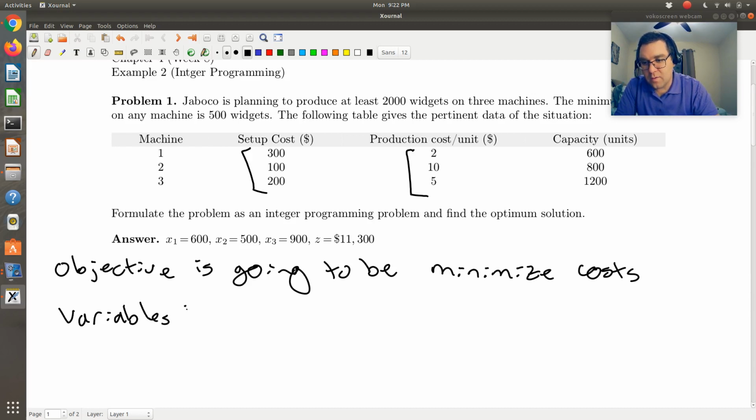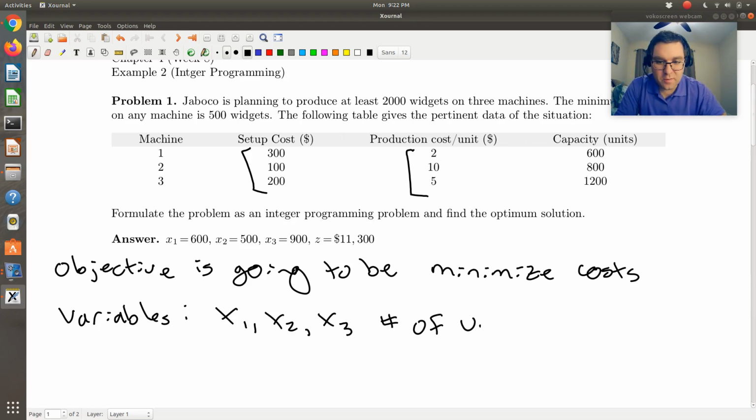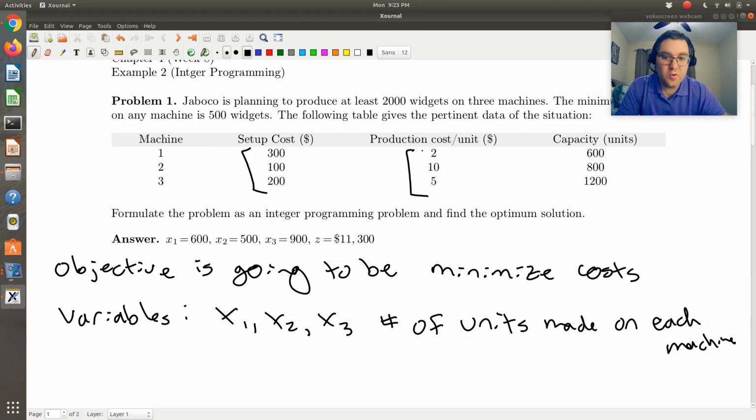Set 1: we're going to let x1, x2, and x3 be the number of units made on each machine, because for each unit made on machine 1, say, I'm going to have a production cost of $2.